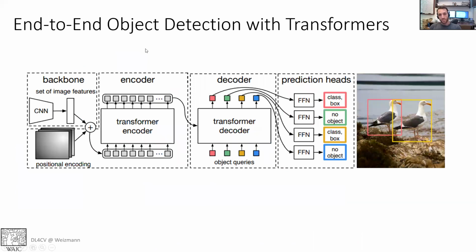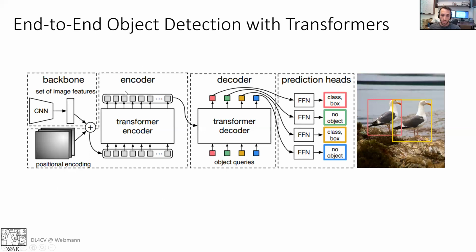The first one is from a paper called End-to-End Object Detection with Transformers. In this case, as you can understand, the objective was to do object detection. The authors built their architecture by first passing images through a CNN backbone to gain some feature representation of the inputs.